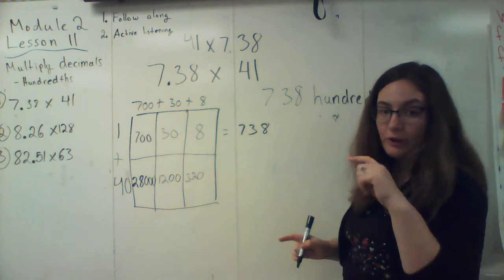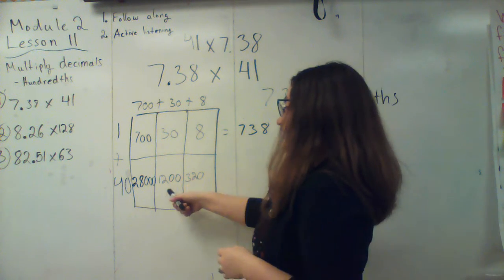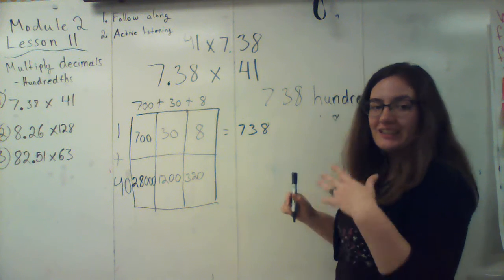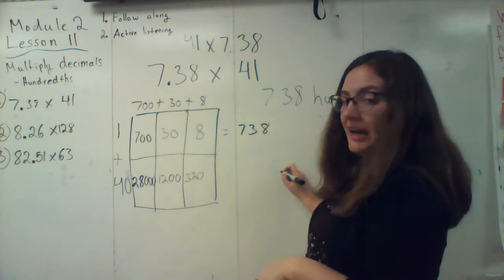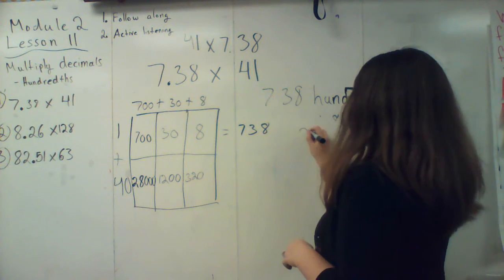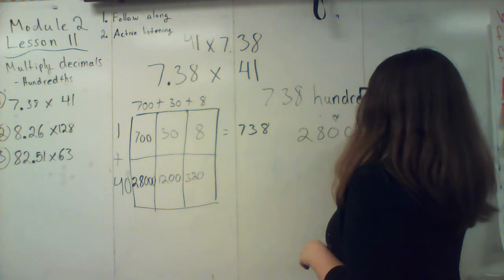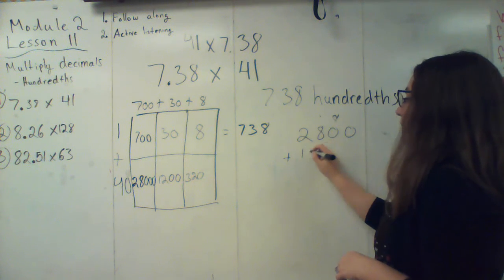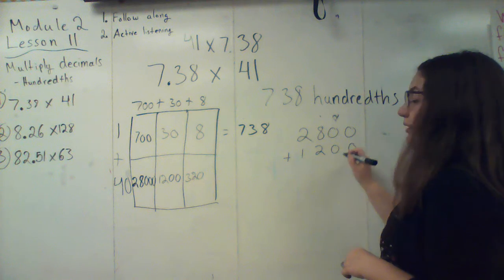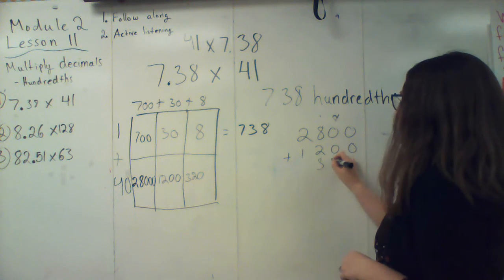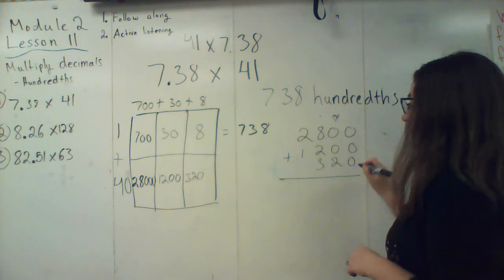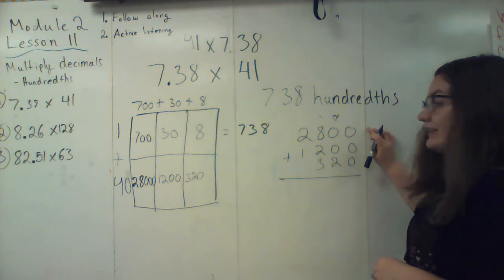So that's one of my partial products. And then I need to add up these 3 numbers. Since these numbers are a little bit more difficult, I'm going to set up a standard algorithm. So I have 2,800 plus 1,200 plus 320. Remember, I usually like to have my largest number on top.